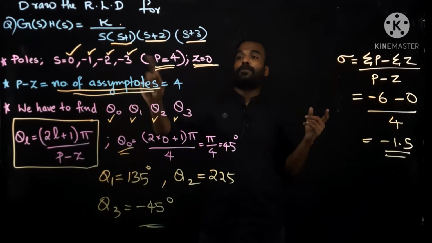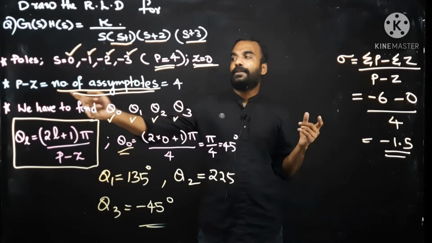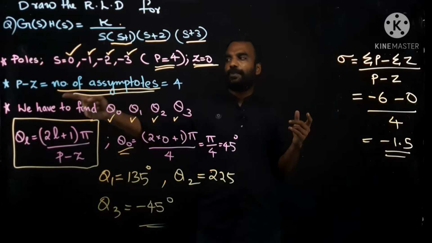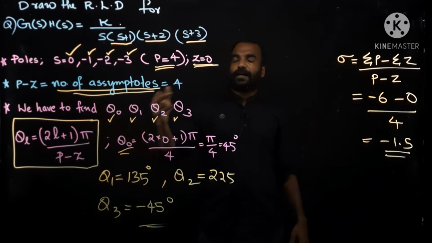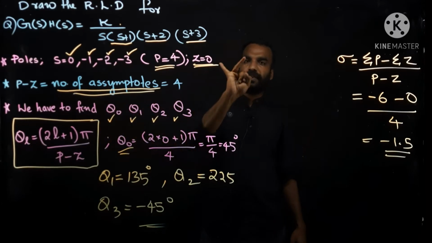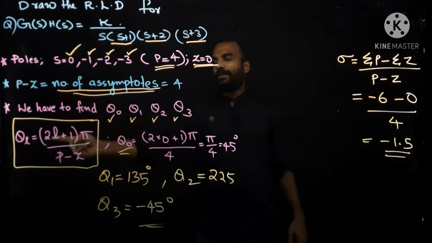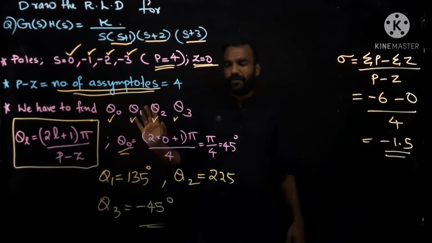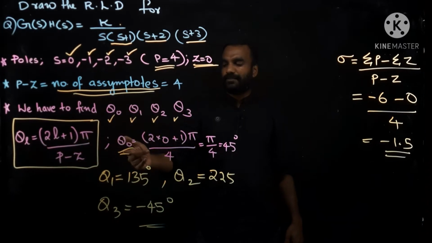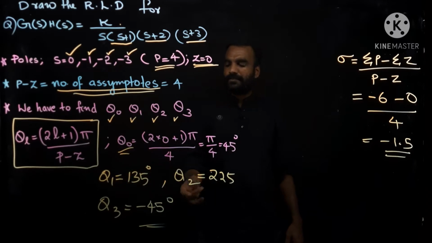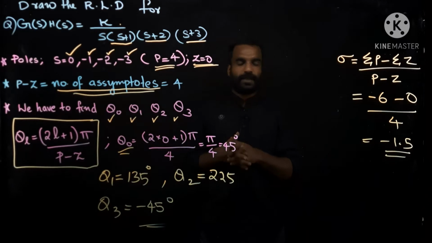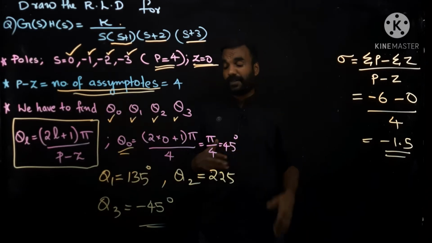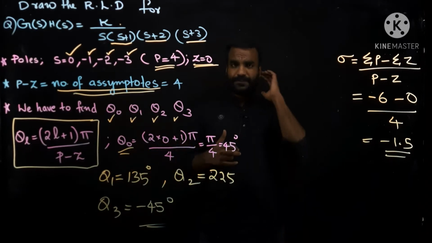So all the 4 poles have to travel to infinity. So the number of asymptotes, P minus Z, is equal to 4. Then we have to find theta 0, theta 1, theta 2, theta 3, and the equation is there. Please substitute L is equal to 0, 1, 2, 3. You will get this. And I also commented on some easy way to find the angles of asymptotes.